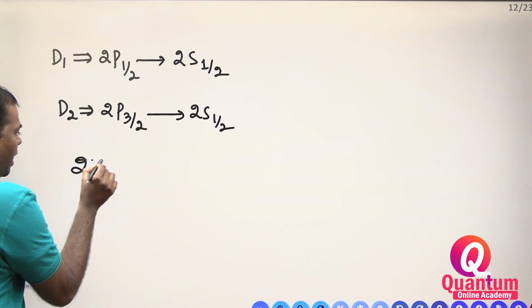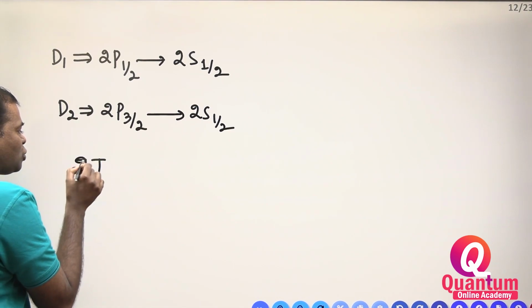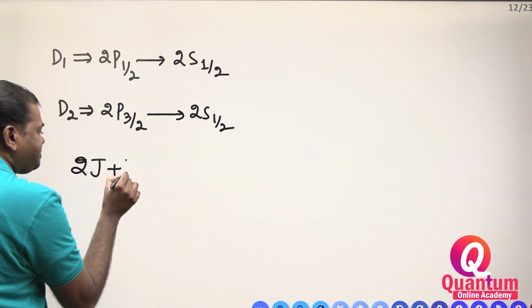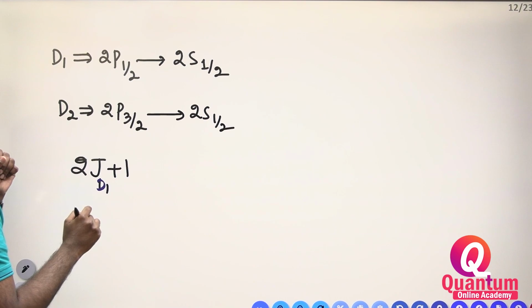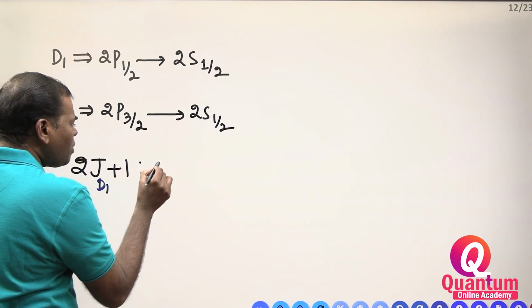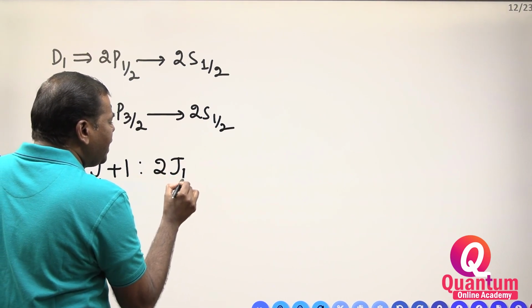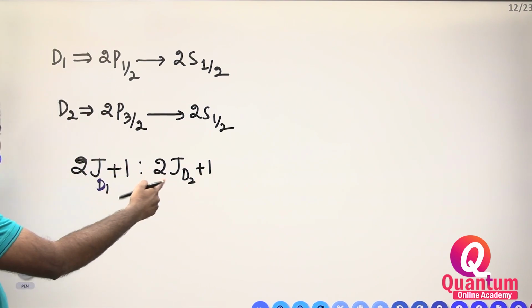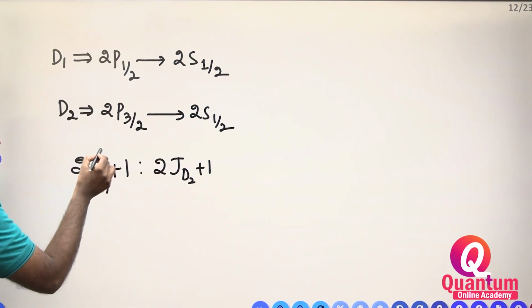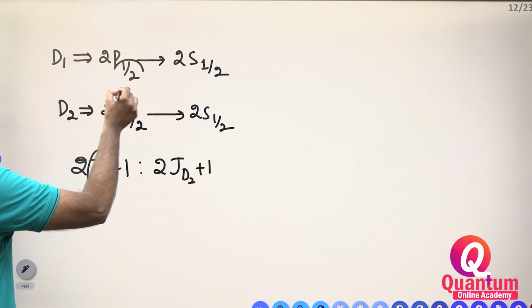Intensity is proportional to 2J plus 1. So it is 2J for D1 plus 1, to 2J for D2 plus 1. What is the J here?